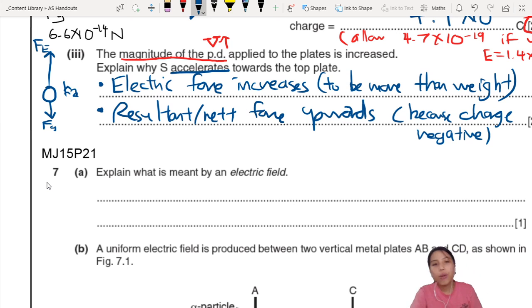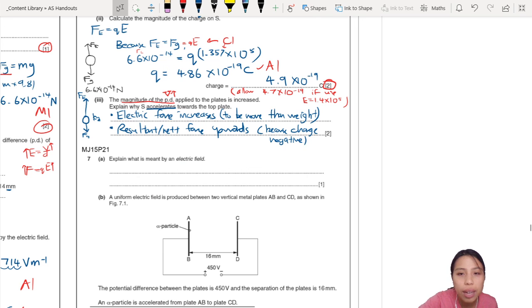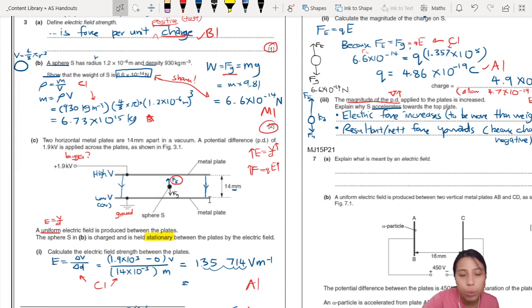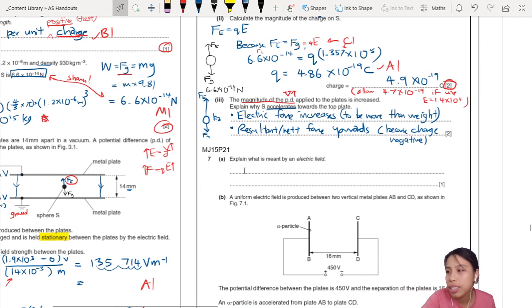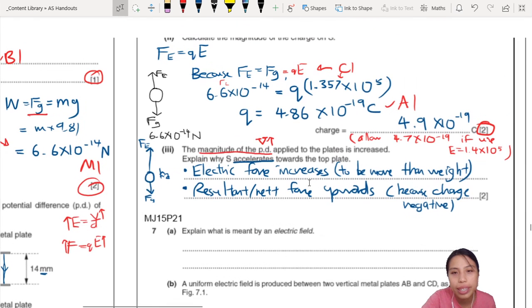So it's good to say what your charge is and where it is pointing. Notice they didn't say whether your charge is positive or negative. So they didn't tell us and we kind of assumed it wisely. So we must mention it here also. Net force upwards, charge negative, things like that.